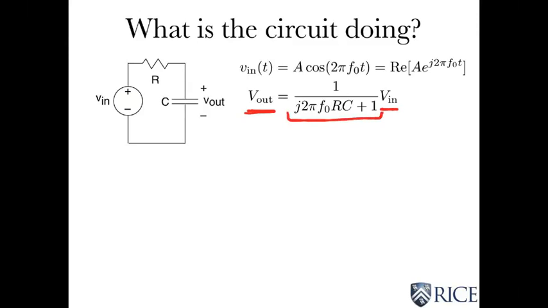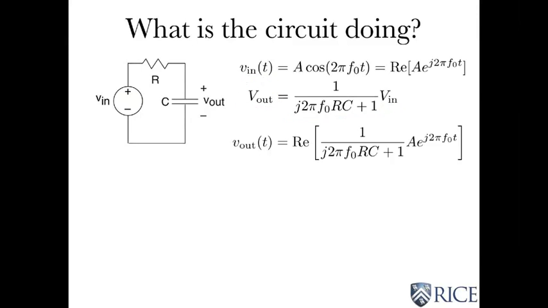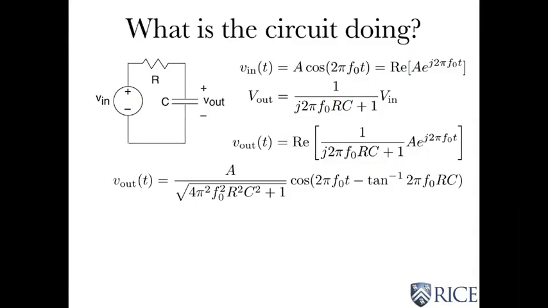But in any case, now that we knew what the complex amplitude of the output was, it was very easy to find out what the actual waveform in time is, because we simply put it into the real part formula. Because we use real part here, we're going to use real part calculations down there, and we discovered that the output was given by this rather complicated looking expression, but we're going to figure out what it's really telling us in just a second.